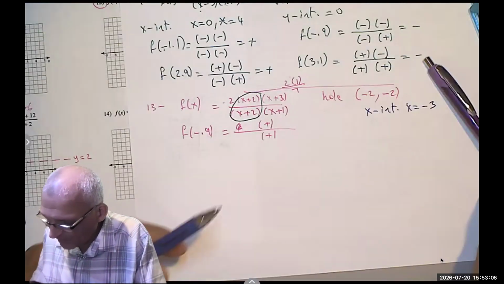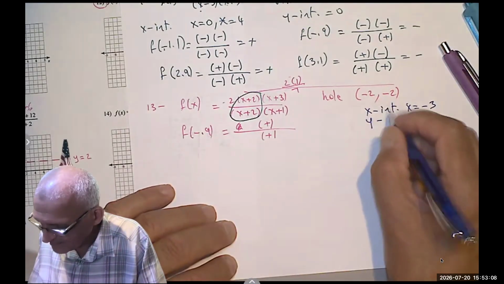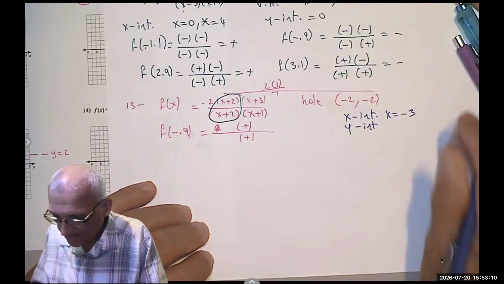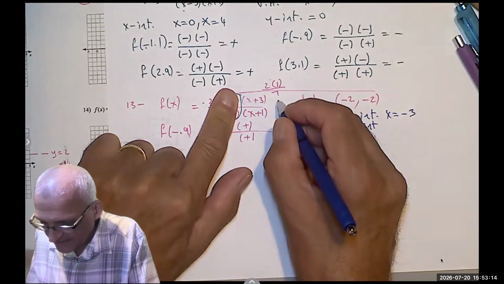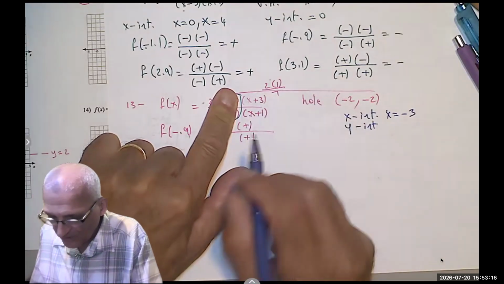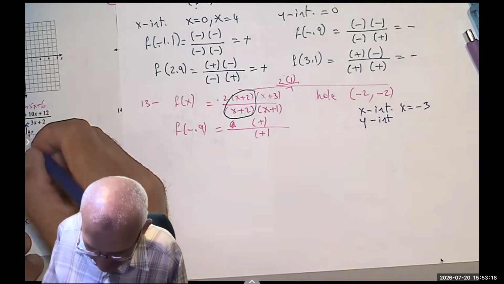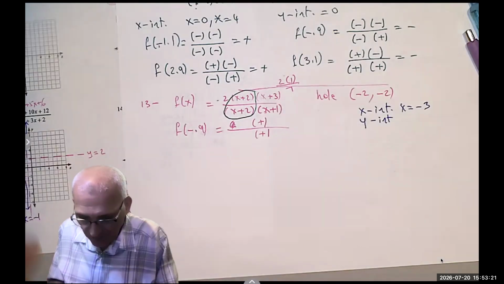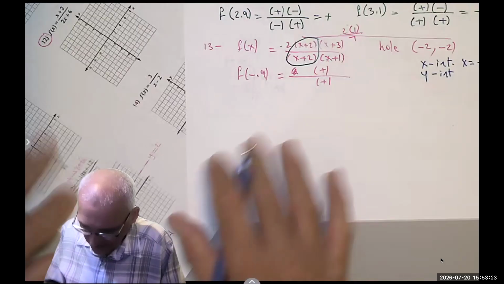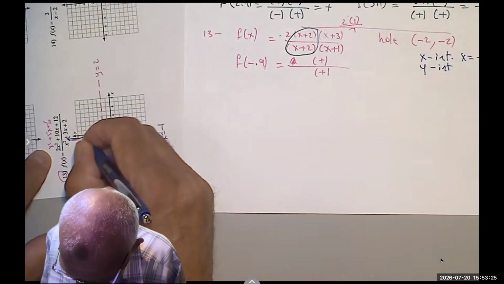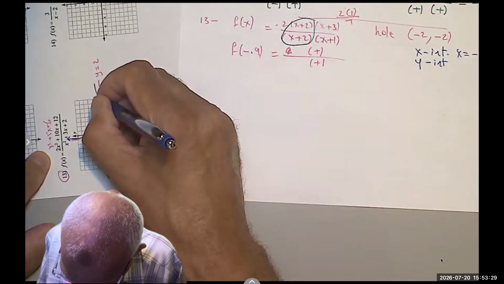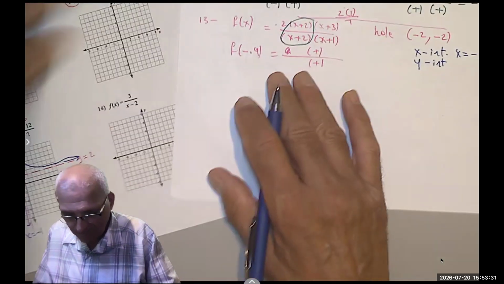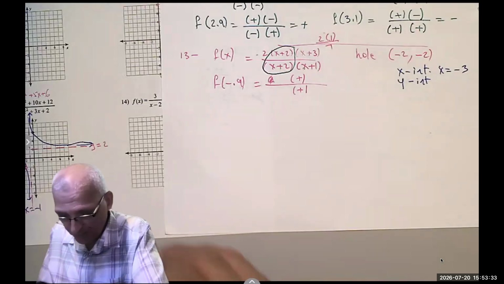Okay, how about the y-intercept? Do we have any? So set x equals 0. 2 times 3 is 6 over 0 plus 1, so add 0 and 6. So because we cross here, this branch should go something like that. Oops. I hope we did it correctly.